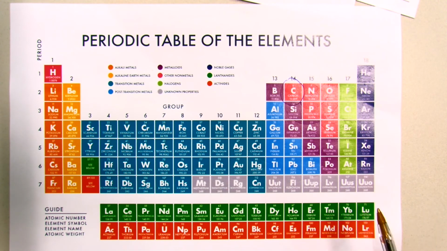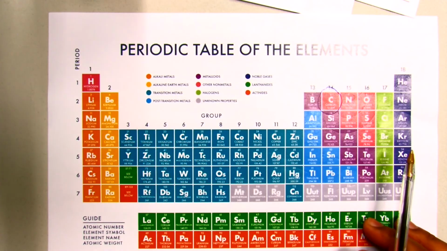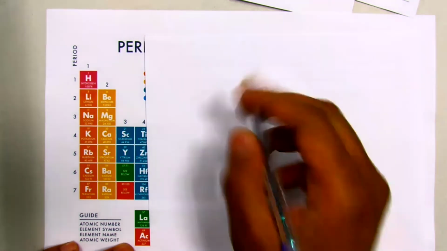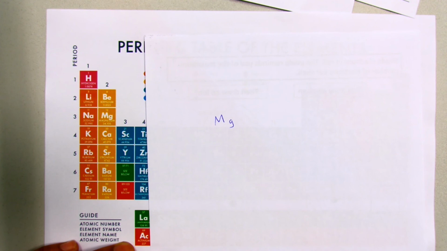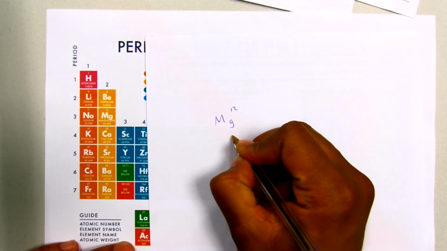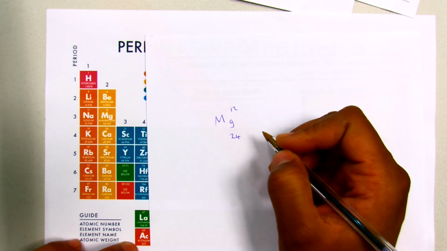So let's pick another element out. For example, let's have a look at magnesium. If I write down the symbol for magnesium, I can see here it has the symbol Mg, the atomic number is 12, and at the bottom the mass number is 24. What does this mean?